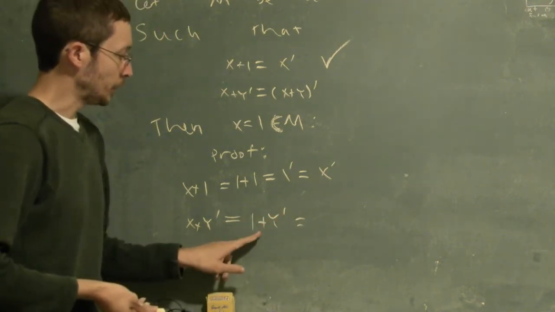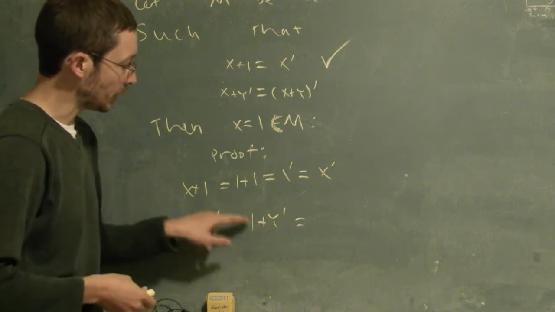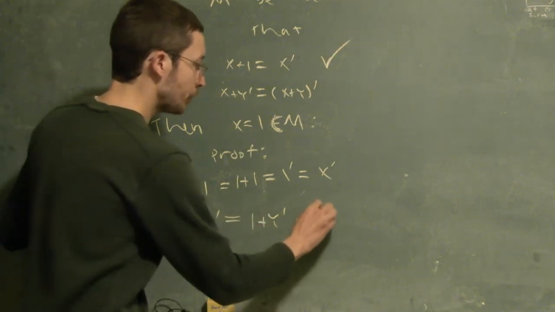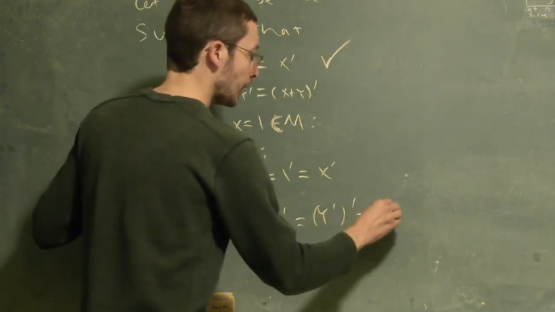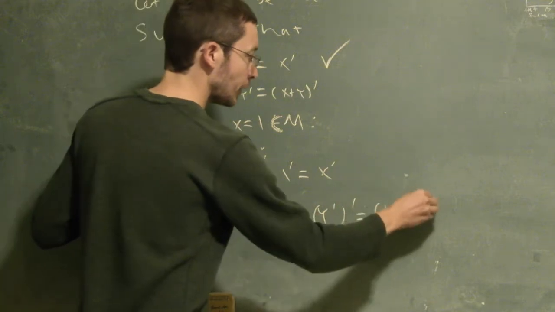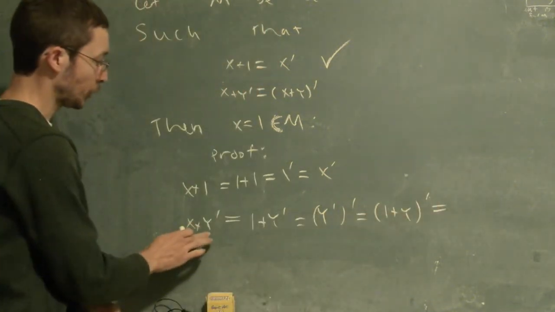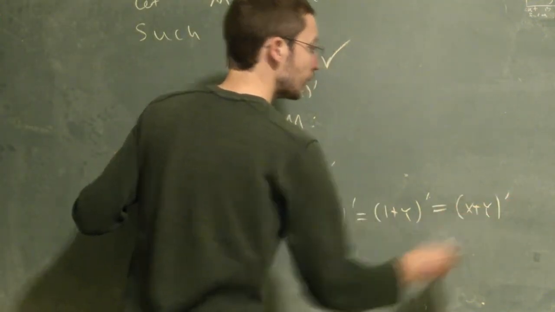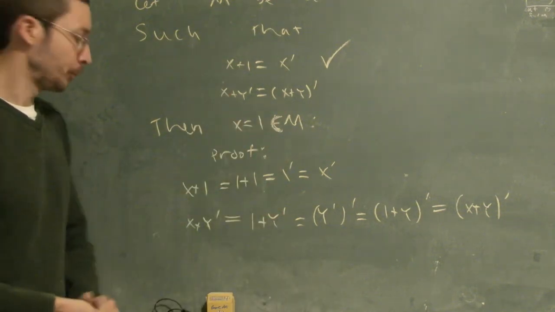And then the definition of addition says take 1 plus any number to be the successor of that number. And then we can rewrite y successor as 1 plus y. That's just the definition of addition. That successor carries over. And that's exactly the property that we wanted, right? x plus y successor. We want it to be x plus y successor. So we've already done those, but it's worth repeating.